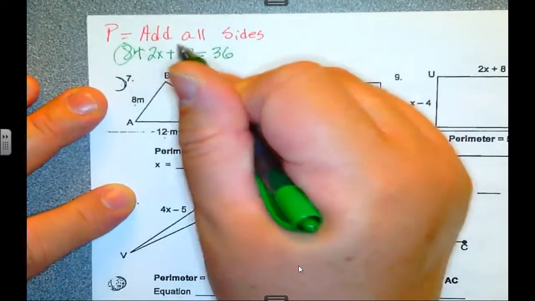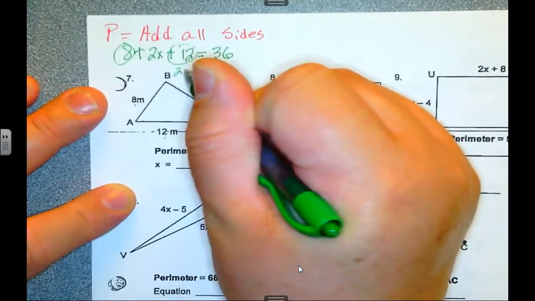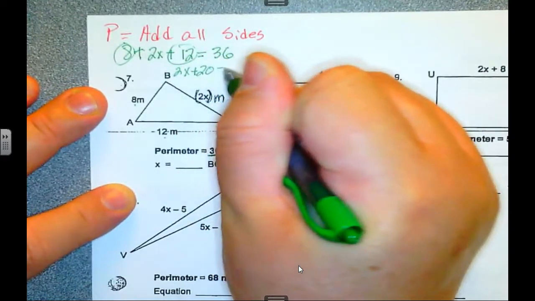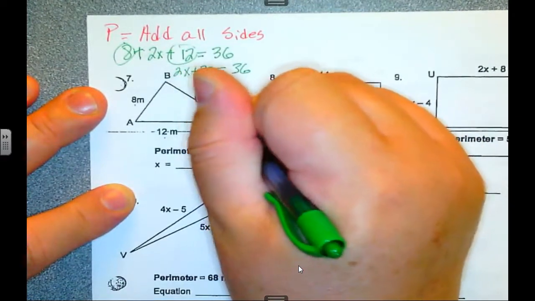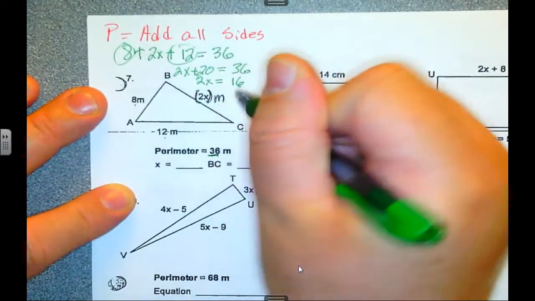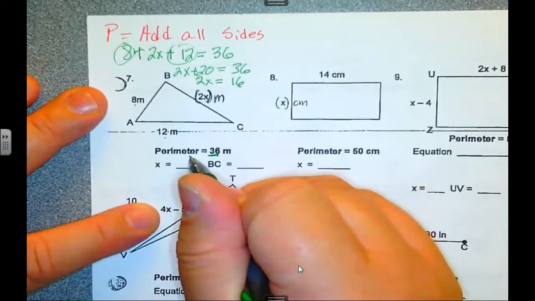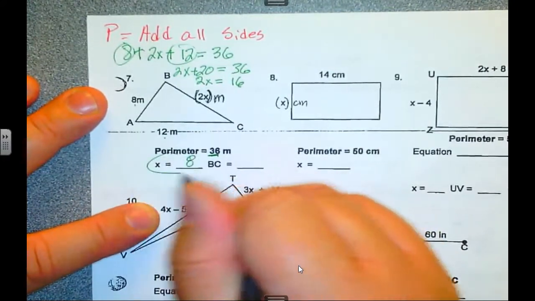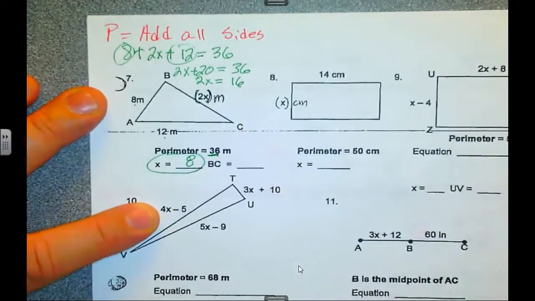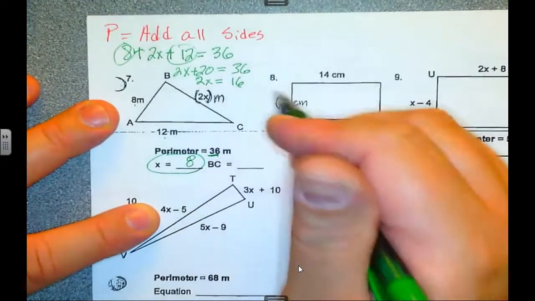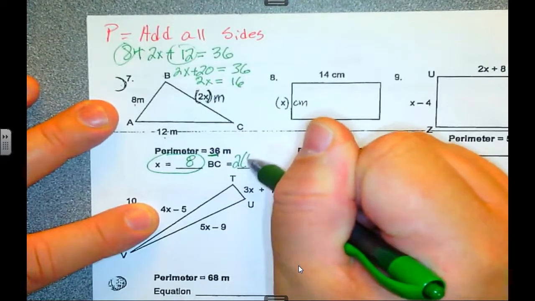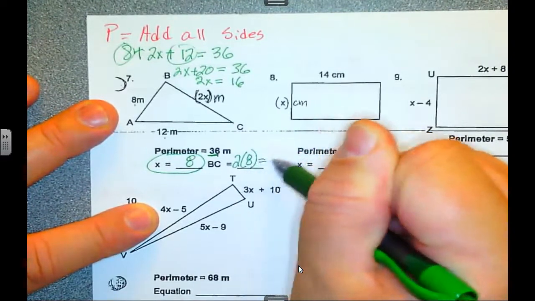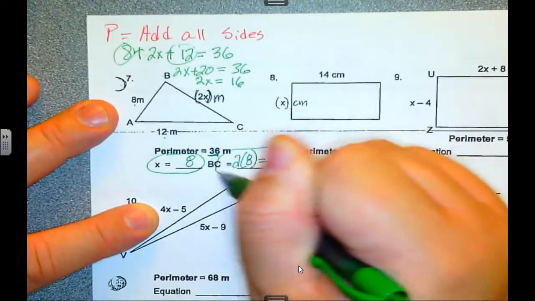I've got an 8 and a 12, that's 20. Subtract 20 from both sides, and x is going to equal 8. BC, B to C, is 2x. So I'm going to substitute an 8 for x, and I get 16.